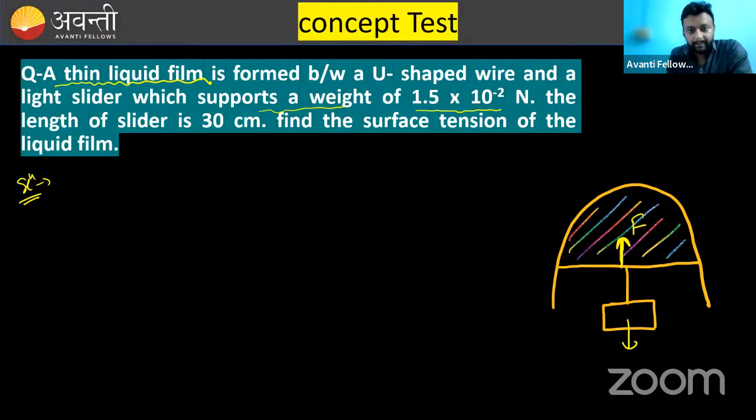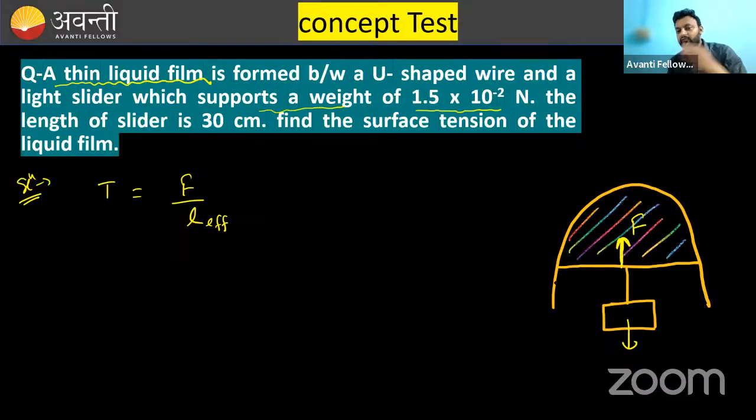So surface tension T is equal to force per unit length. This is what we have learned. And we can write it as force per unit effective length. Why effective length?